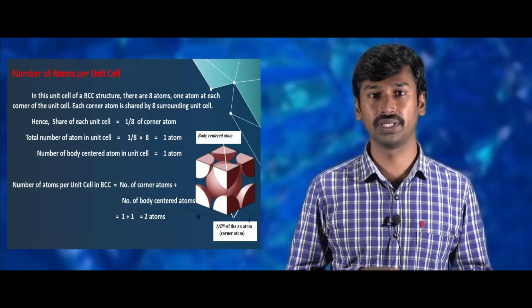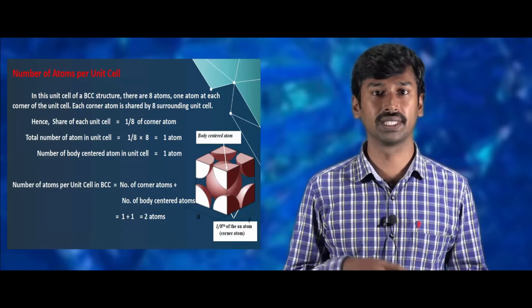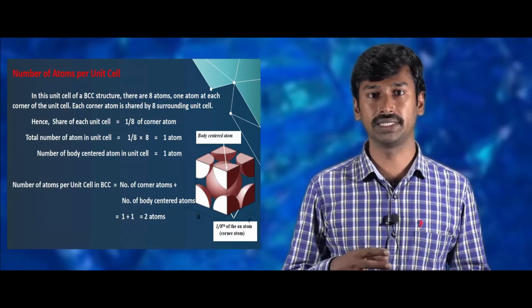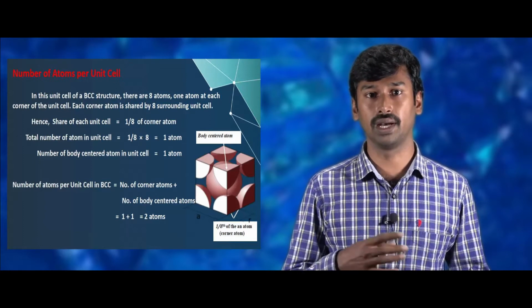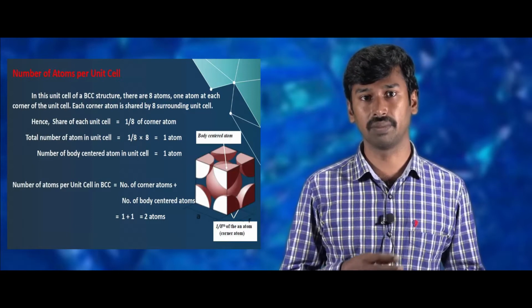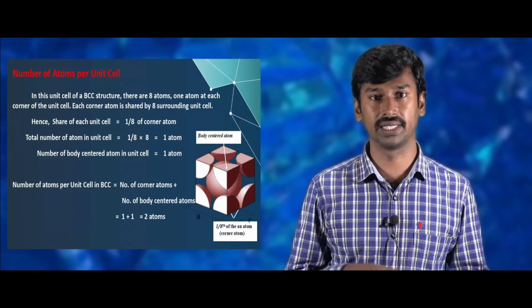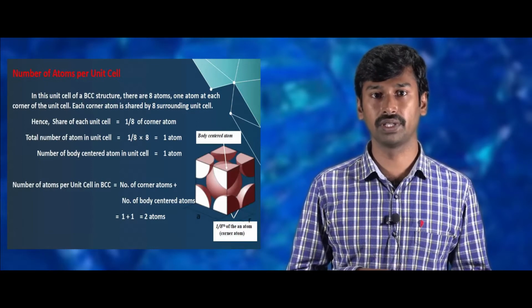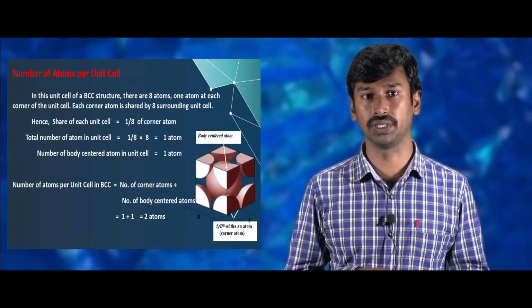Now we are going to see the number of atoms per unit cell. For this BCC system, there are 8 atoms, one at each corner of the unit cell. These corner atoms are shared by 8 surrounding unit cells. Hence, the number of atoms per unit cell is given by 1/8 × 8, that is 1 atom. Then for the body center, there is 1 atom at the body center of the unit cell.